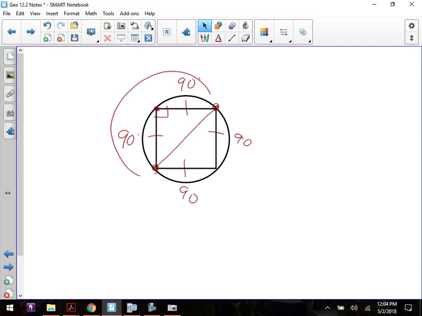Do you guys agree that this angle is on the circle? Now, that angle moves out from here to here. How many degrees did that angle run into on the circle? How many degrees is the arc that it ran into? 180. What's the measure of the angle, though? 90.